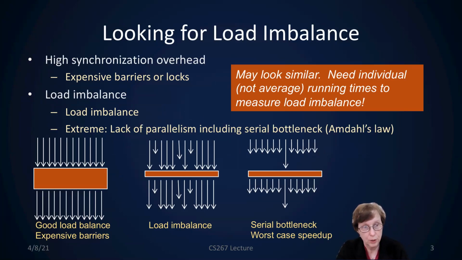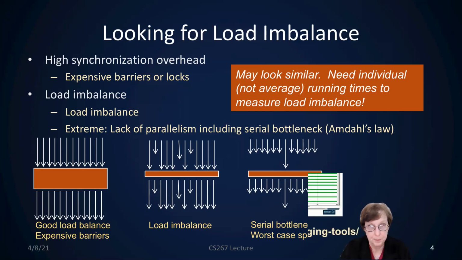All of the processors are doing the same amount of work and hit the barrier at the same instant, but they have maybe a slow barrier. On the right-hand side, you have a serial bottleneck, which is an extreme case of load imbalance because there's a lot of area underneath these threads where lots of the threads are idle. And the middle is somewhere in between in terms of load balance. But the point is that it can be hard to tell the difference between these if you're not careful about how you're measuring things.